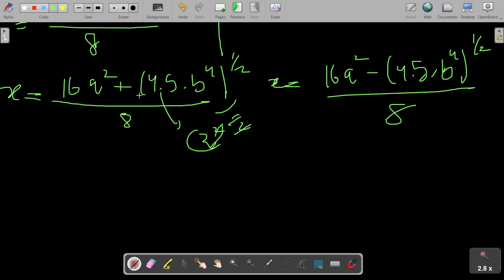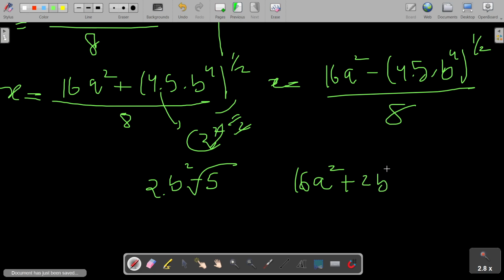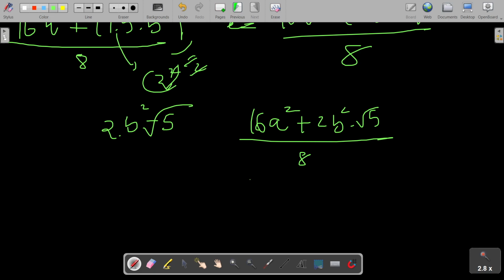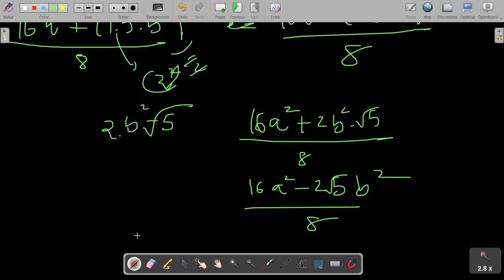We are left with 2 times b squared into root 5. So we have 16a squared plus 2b squared into root 5 over 8. This is one solution, and another solution is 16a squared minus 2 root 5 b squared over 8.